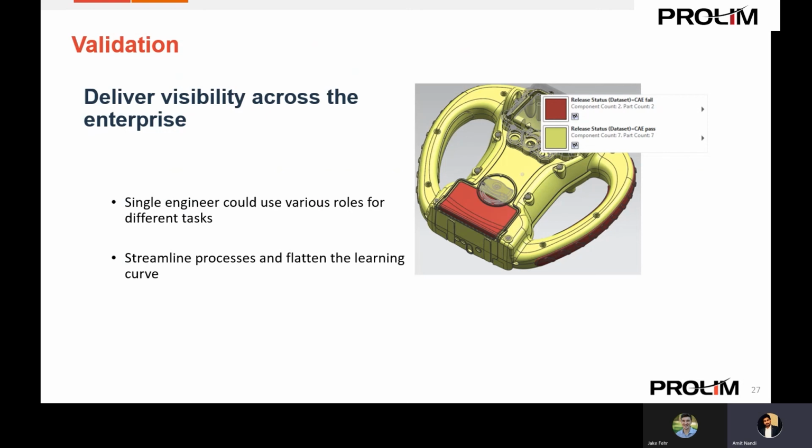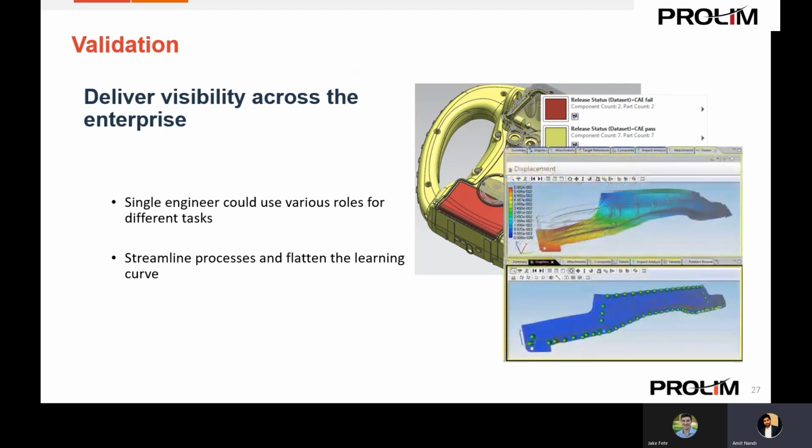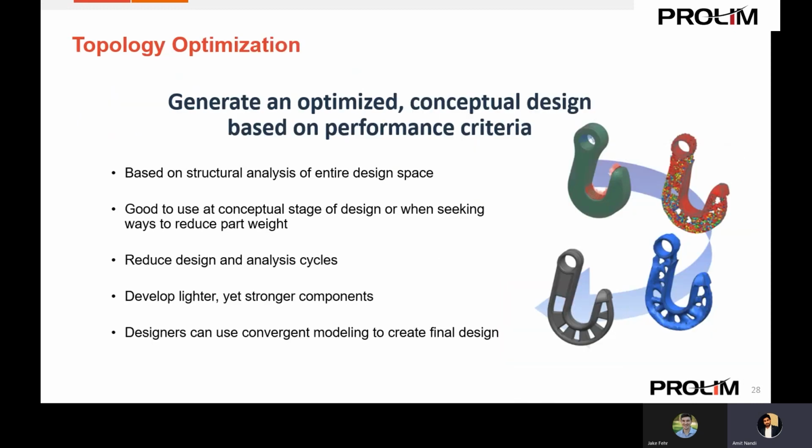It can be connected to your data management, and you can manage the data generated by these kinds of simulations, and also see whether to release or not, whether the simulation has failed or passed. All those things can be captured, and then finally the topology optimization.